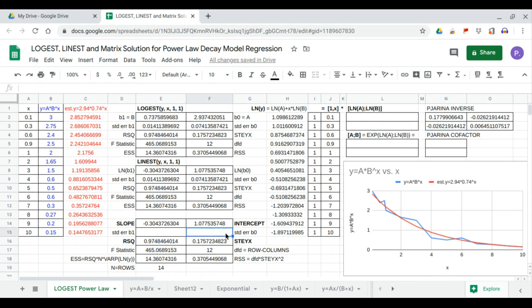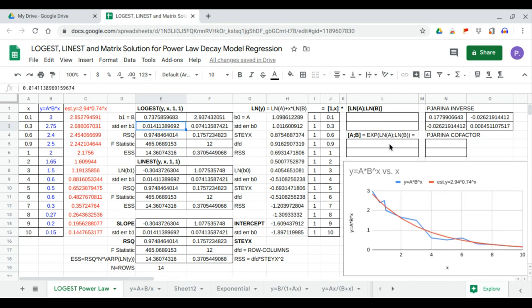Now we can calculate the standard error of B0, which is equal to sey times square root of P0 1. 0.074 matches our LINEST and LOGEST output. And the standard error value of coefficient B1 is again sey times square root of P0 2. 0.01411 matches our LINEST and LOGEST output.